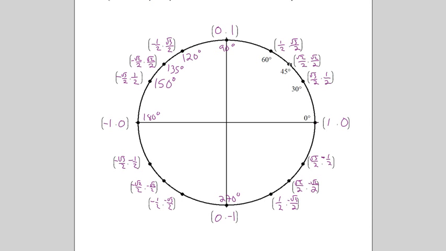This has a reference angle of 30, giving us, so this angle is 225. And this angle is 240, and this angle is 300, and this angle is 315, and this angle is 330. If only it were 330, we'd be out of here.